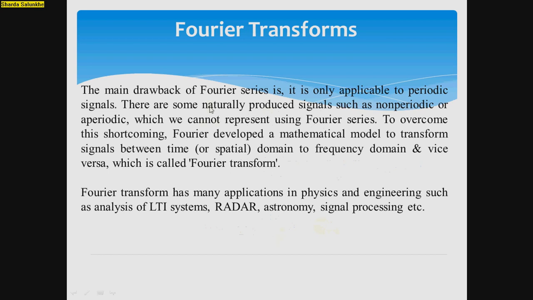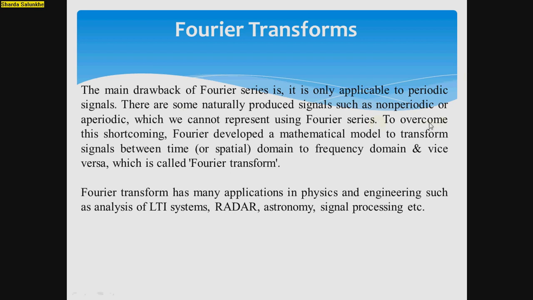Now the Fourier transform. The main drawback of the Fourier series is that it is only applicable to periodic signals. There are some natural signals, such as non-periodic or aperiodic signals, which cannot be represented using the Fourier series.